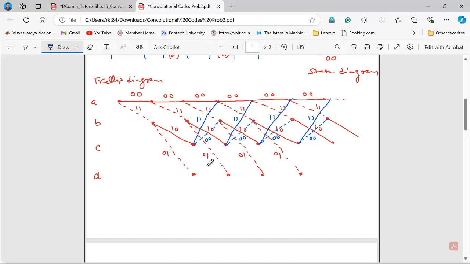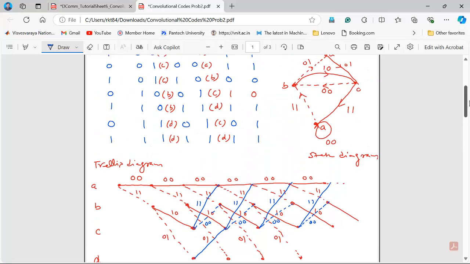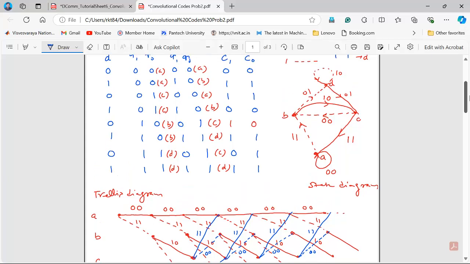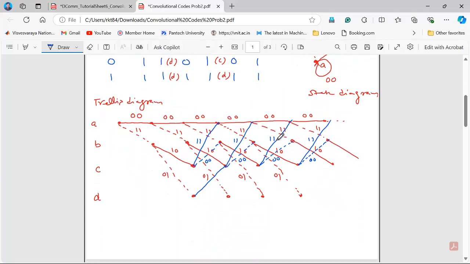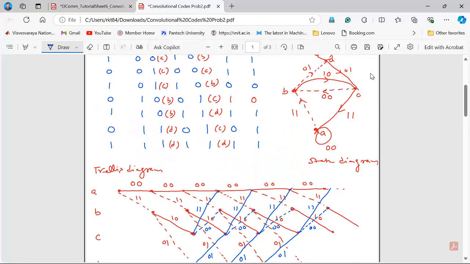You will not connect here to here; you have to go to the next column in time. So it is solid, and the output is D to C, 0, 1. In the same pattern you will connect all 0, 1, like this. And last is D to D.